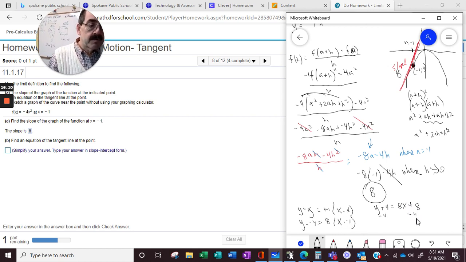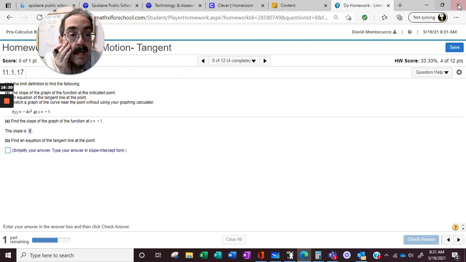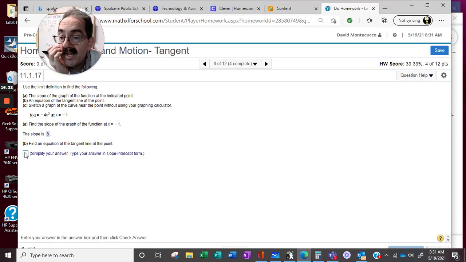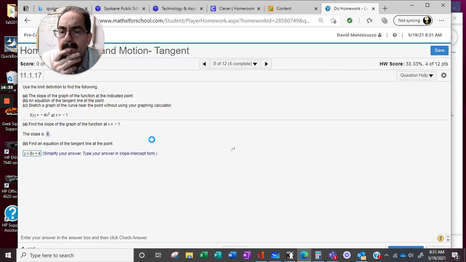Subtract 4 from both sides: y equals 8x plus 4. Now, you can see how long these problems take. This is 16 minutes, and I've done these before. So, in slope-intercept form, y equals 8x plus 4.